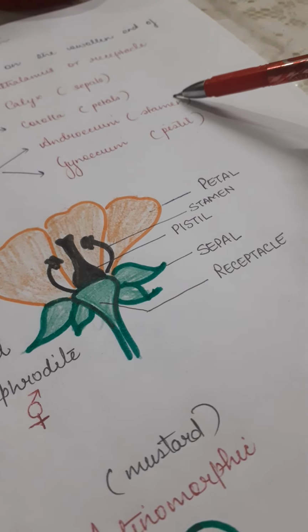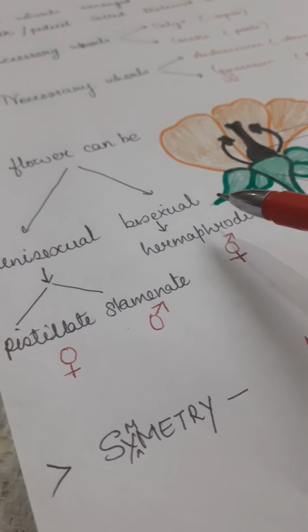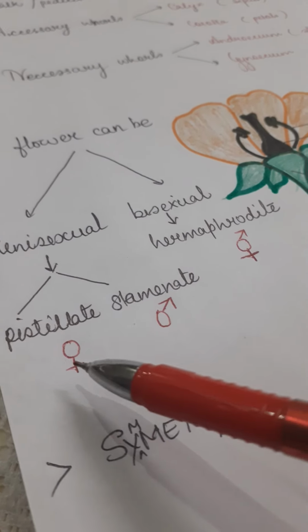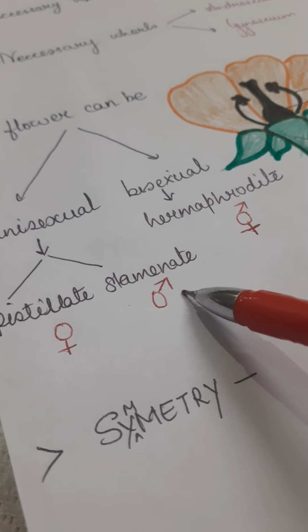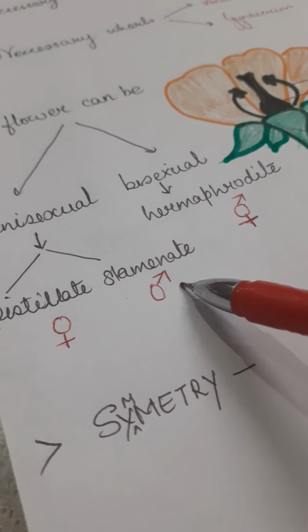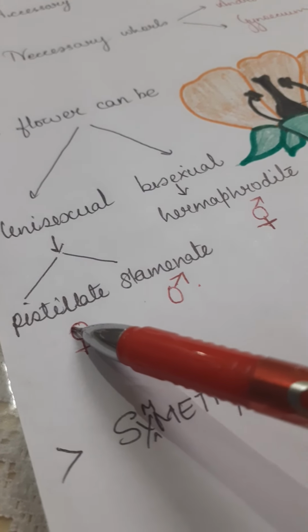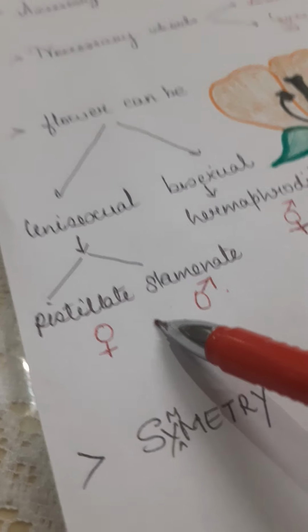Female part, male part. Now flowers can be unisexual or bisexual. Unisexual means they are either male flowers or female flowers. Male flowers are known as staminate because they only contain stamen, and female flowers are known as pistillate because they only contain pistil. So they are unisexual.